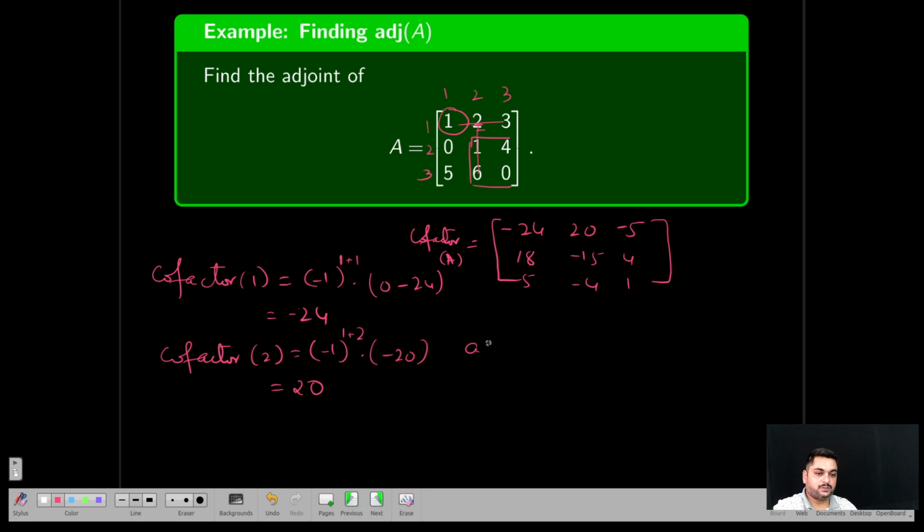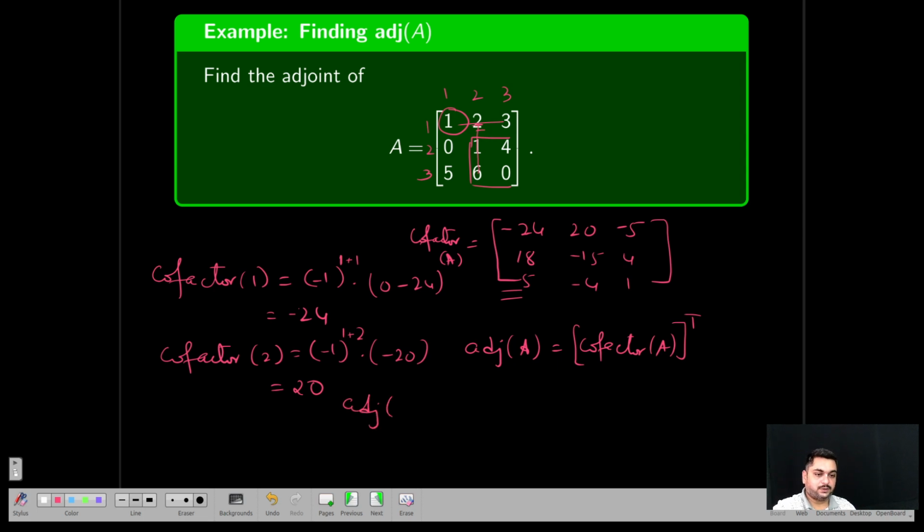How will you find the adjoint? The adjoint of A is equal to the transpose of this cofactor matrix. Take the transpose of it, that means interchange the rows and columns.